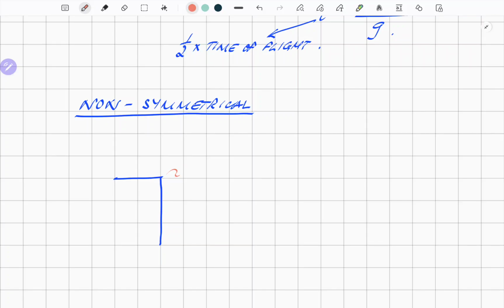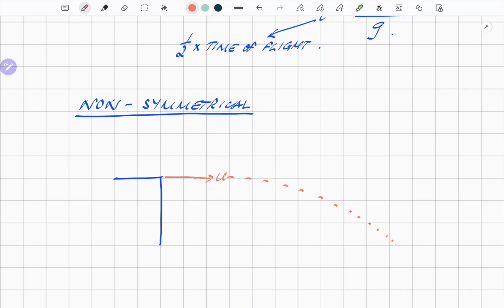For example, sometimes they say something is thrown out horizontally. So you've got u horizontally. Now with this one, the horizontal velocity is not going to change. But you can guess from here, the thing's going to drop down like that.